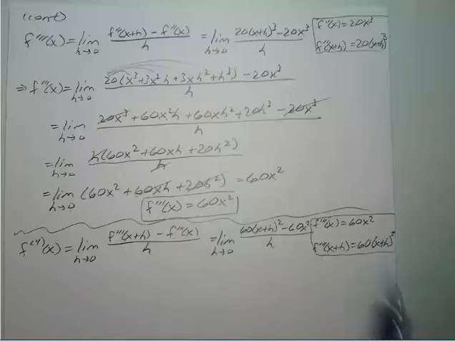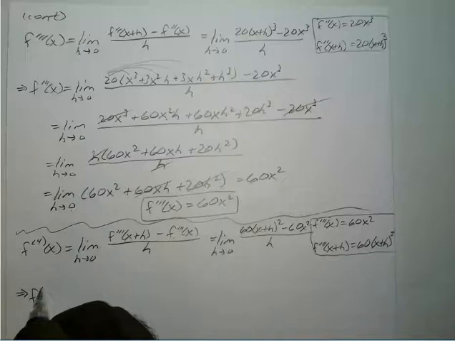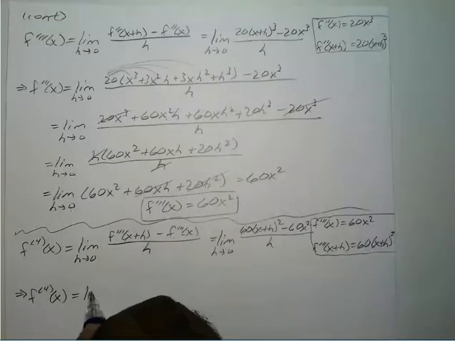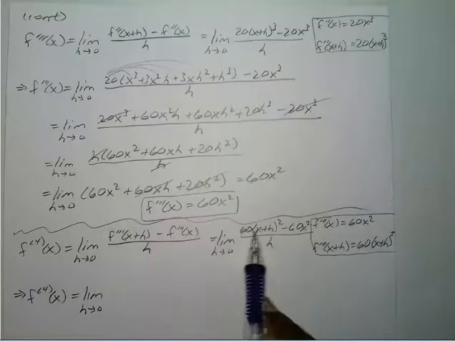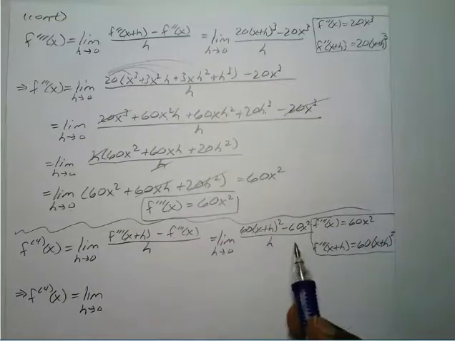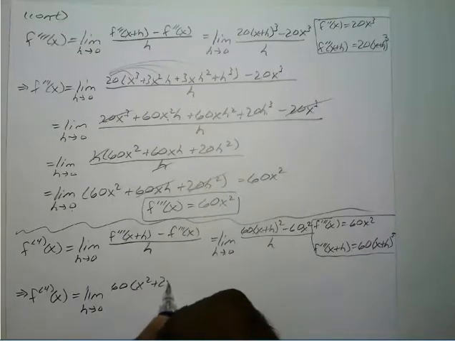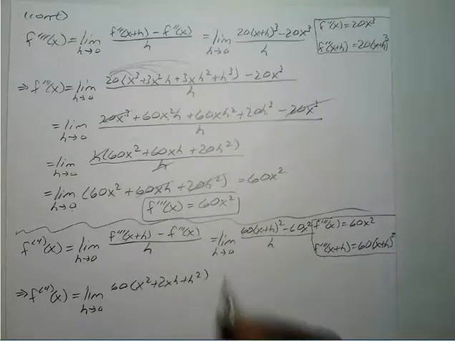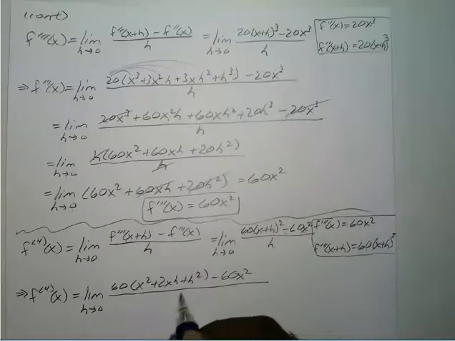All right, so we're going to go ahead and finish that down here. So your fourth derivative is equal to the limit as h approaches 0 of 60 times x plus h squared. So that's 60 times x squared plus 2xh plus h squared minus your 60x squared all over h.